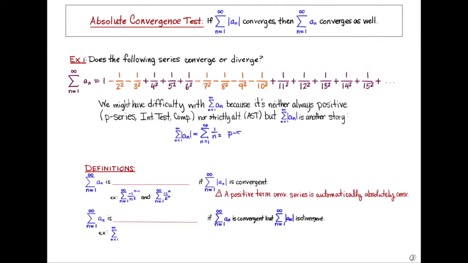P-series, p equal to 2 greater than 1. And so our series converges, which then means that the original series, the sum from n equals 1 to infinity of a sub n, converges by the absolute convergence test.